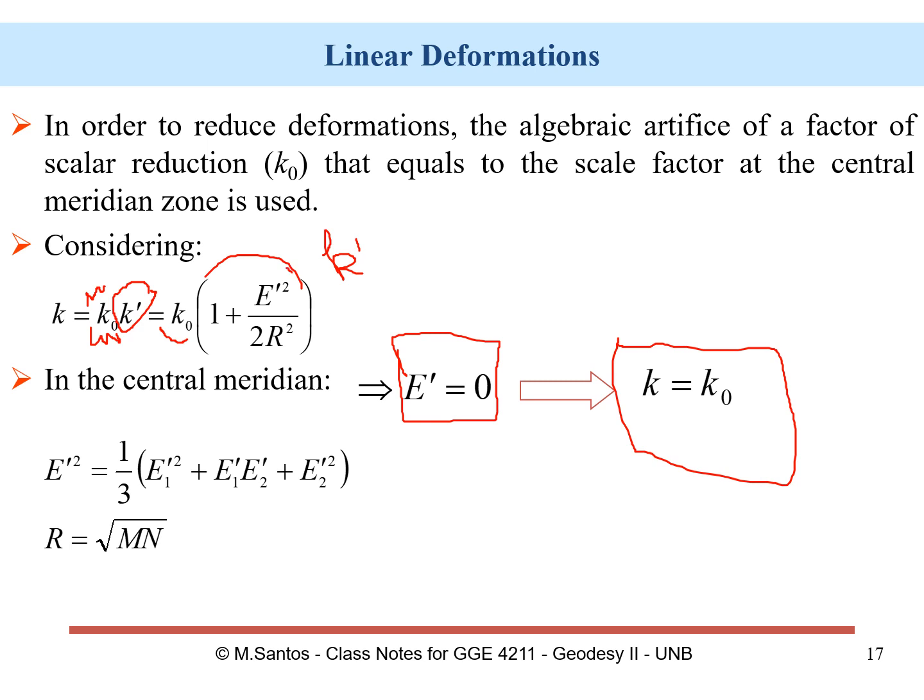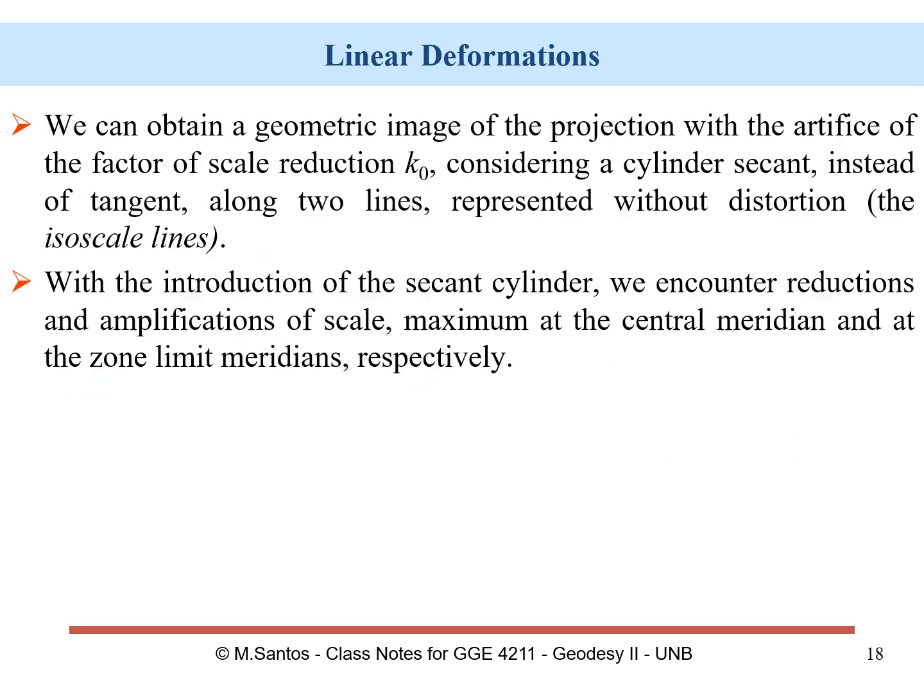And now just a comment. The evaluation of this E prime here is given by this expression here. As we mentioned before, the introduction of the second cylinder results in a zone, or let me call it an area to avoid confusion, area of reduction of scale and area of amplification of scale.